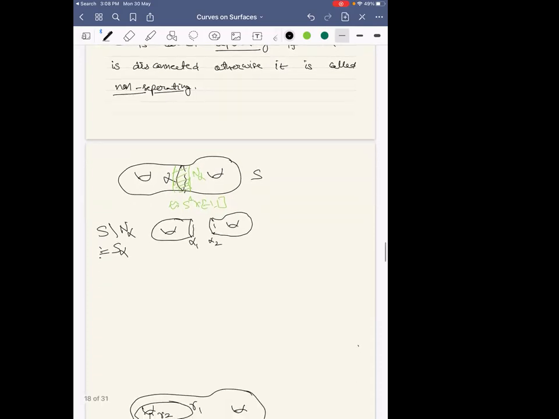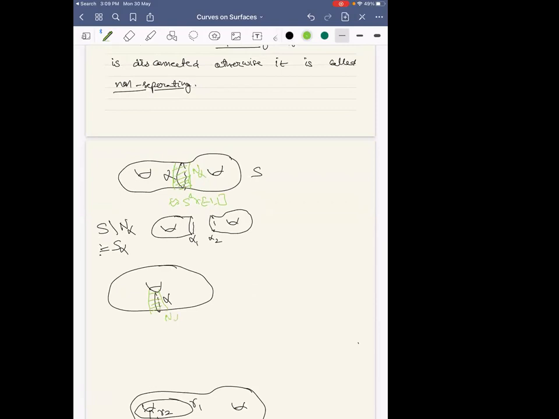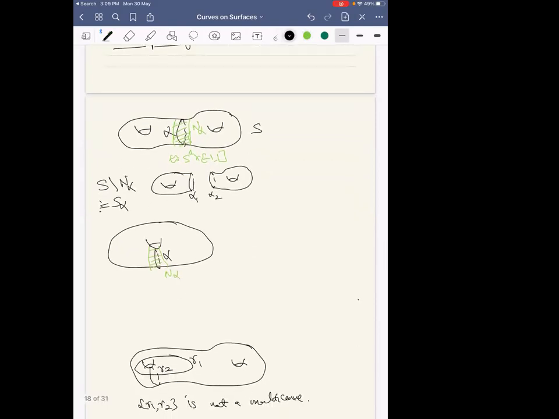On the other hand, you could have a situation where, let me take a torus. Suppose your curve is like this. Let's call this alpha. You can take an annular neighborhood like this, and then you will get something like this.